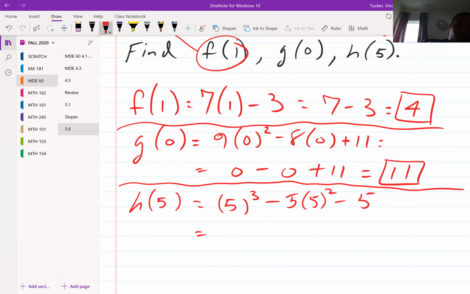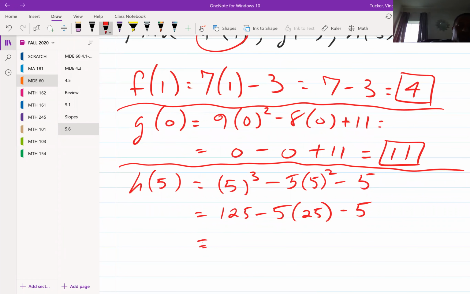All right. 5 cubed is 125 minus 5 times 25. 5 times 25 is 125. 125 minus 125 cancels, leaving us with just negative 5.